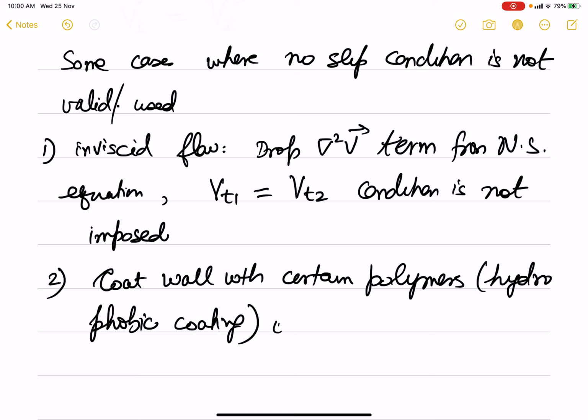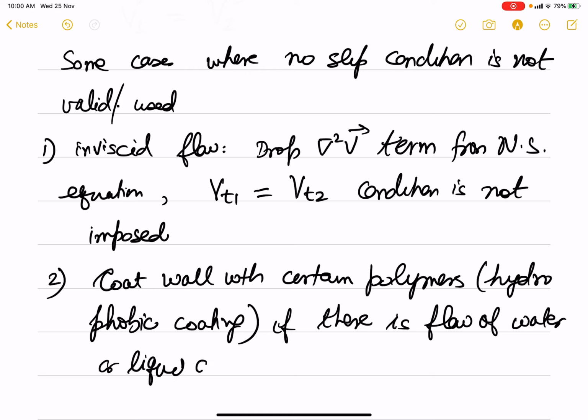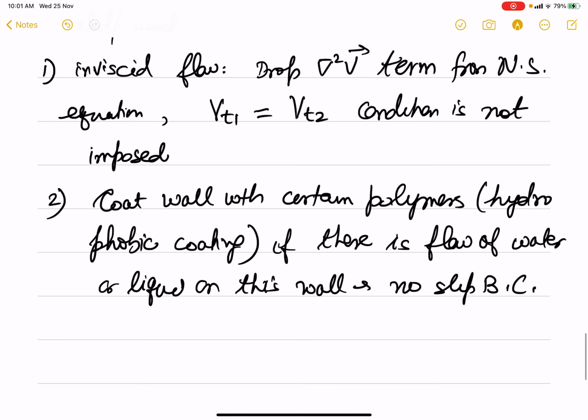And if there is flow of water or liquid on such a wall, then the no slip boundary condition is found to be violated.